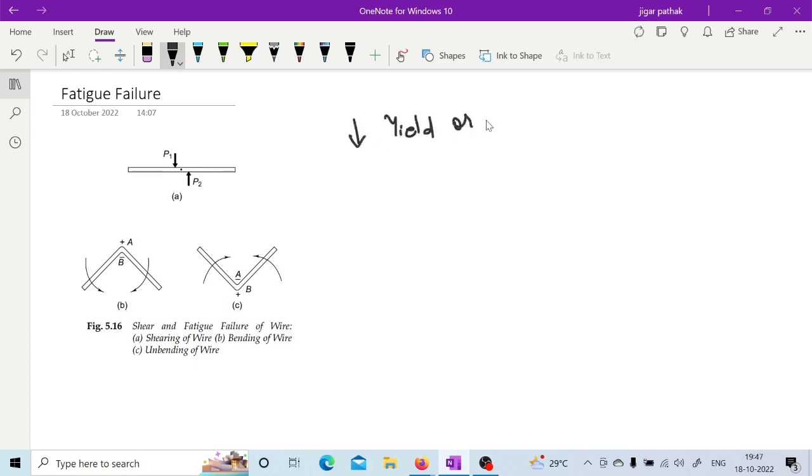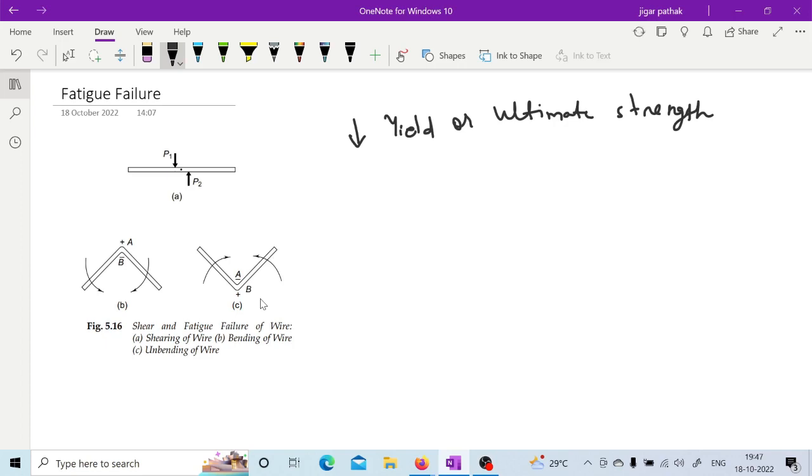Below yield or ultimate strength, your component will undergo failure if it has this kind of cyclic stresses acting on it. So that is known as fatigue failure, right? This is how your component can fail before reaching the yield point or ultimate point.